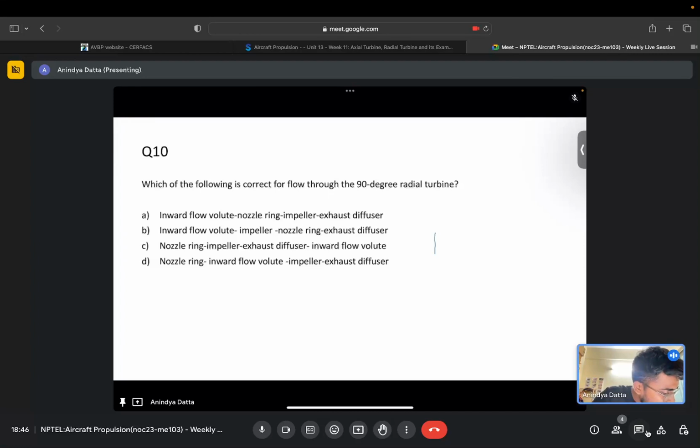Okay, so what we have here is, first, the volute. So this is the volute.